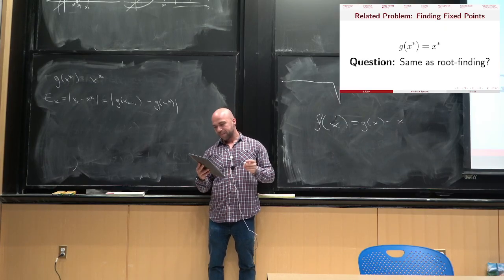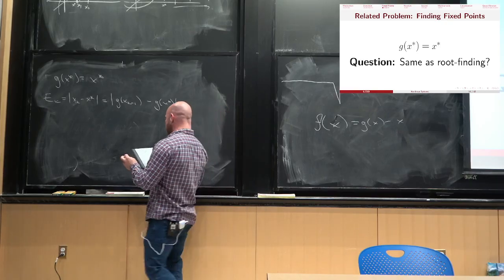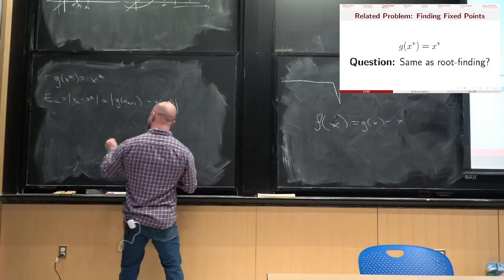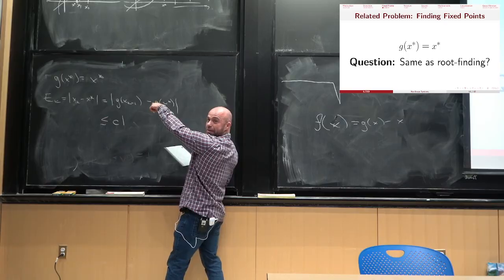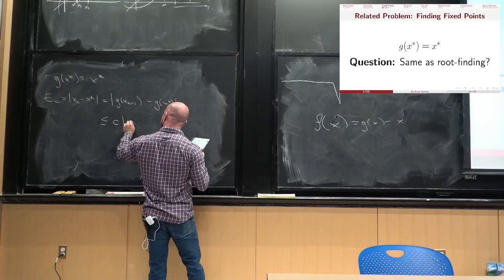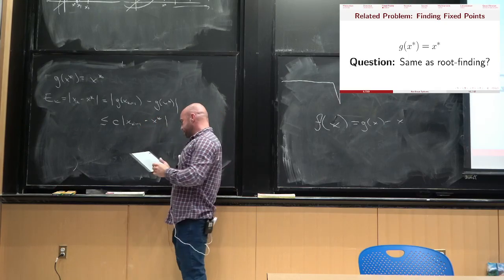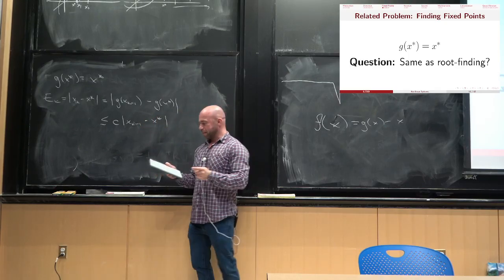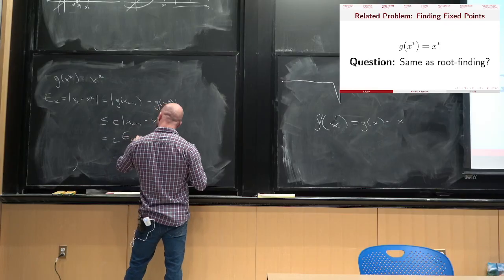All right. So our conjecture is absolutely right. Let's say that g is 1 Lipschitz, or c Lipschitz more generically. Then that property says we have the absolute value of a difference in g, that is, xk minus 1 minus x star, which is bounded by c times ek minus 1.